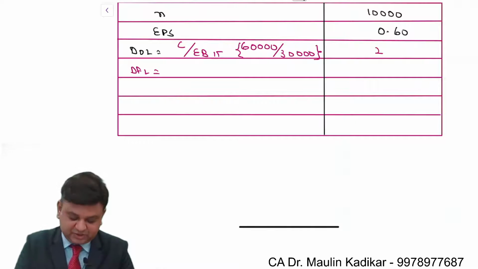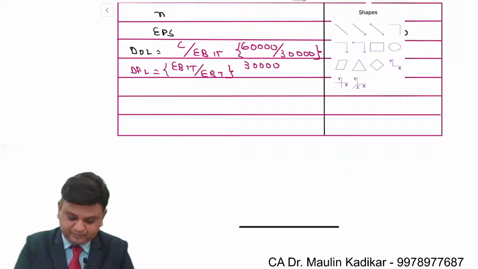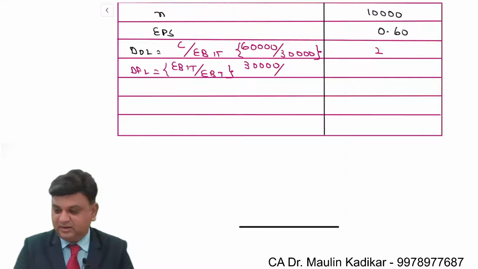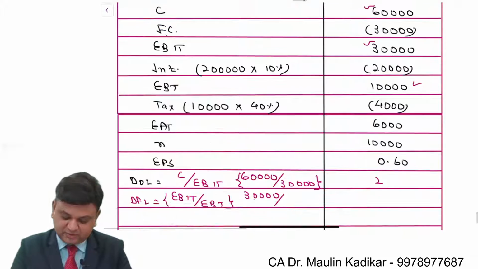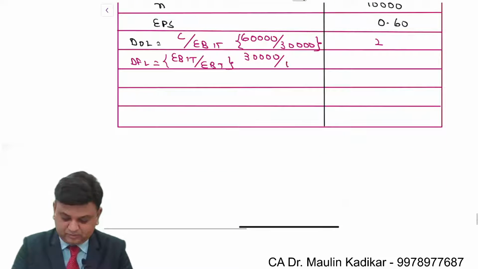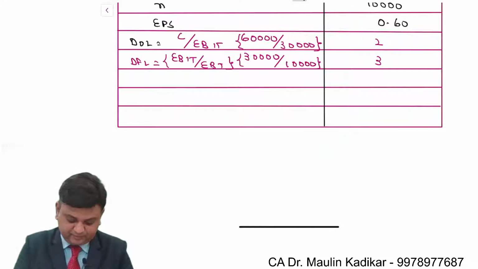Degree of financial leverage. It is EBIT upon EBT. EBIT is 30,000 divided by EBT. EBT is 10,000. There is no preference dividend. So the answer is 3. The last is DCL.